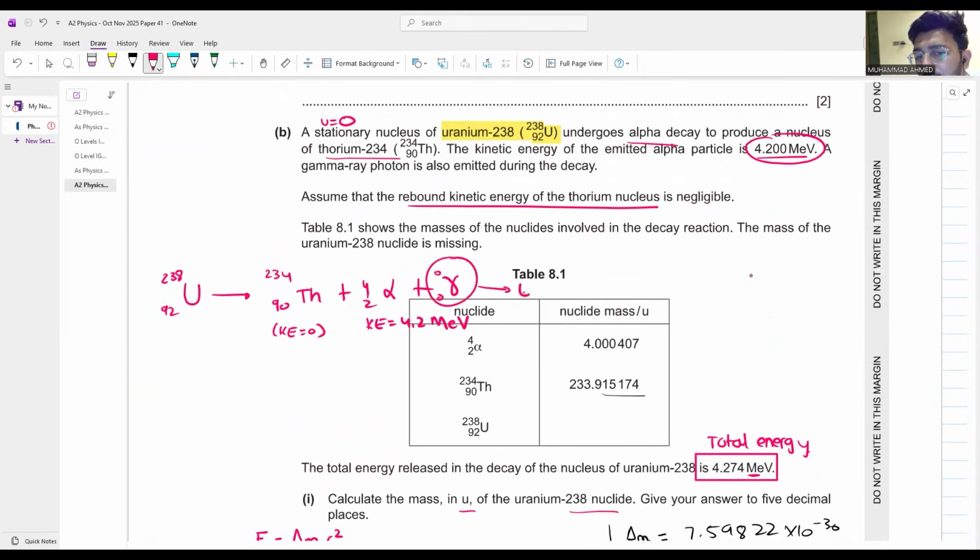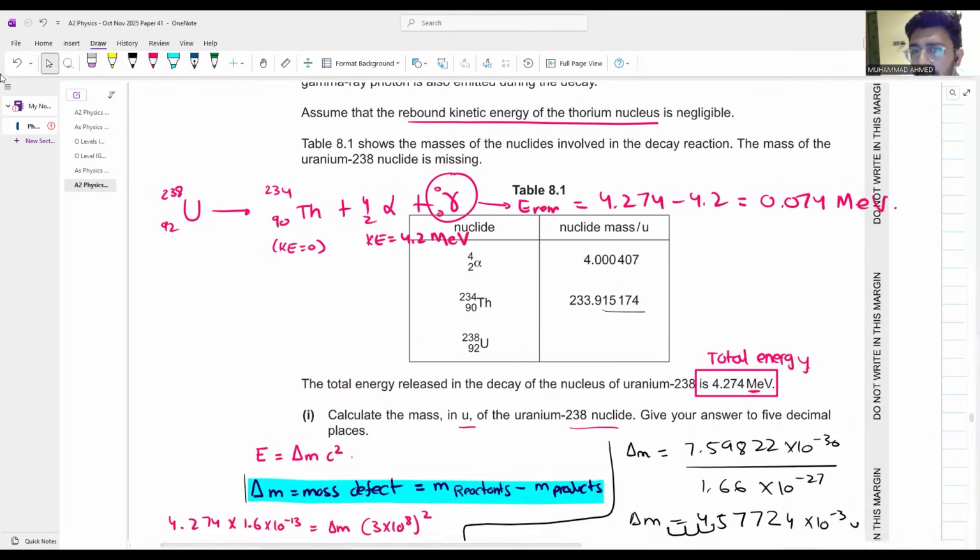What will be the remaining energy for the gamma ray photons? 4.274 minus 4.2. The remaining energy for gamma ray photon is 0.074 mega electron volt.